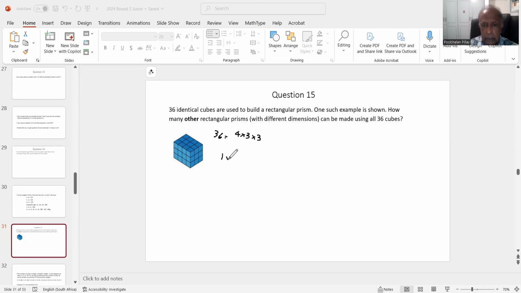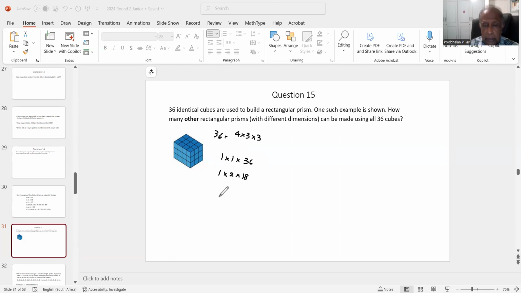Let's do it the easiest way, 1 times 1 times 36. All right. There you go, 2 ones. Let's make it 1 times 2 times 18. That's another way. So you look at the factors of 36.